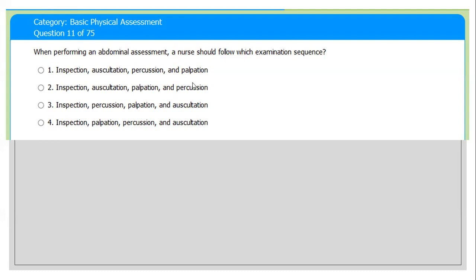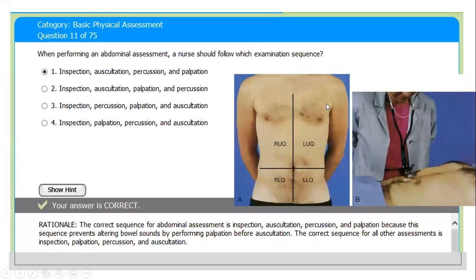So the correct answer is inspect the abdomen first, then put the stethoscope, which is called auscultation. Then we go for percussion, meaning tapping, and finally palpation. The correct sequence for abdominal assessment is inspection, auscultation, percussion, and palpation, because this sequence prevents altering the bowel sounds by performing palpation before auscultation.